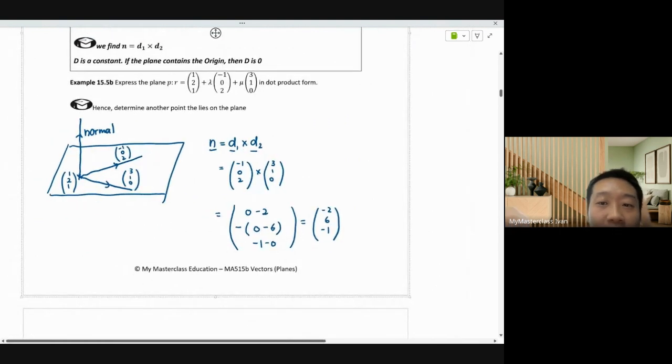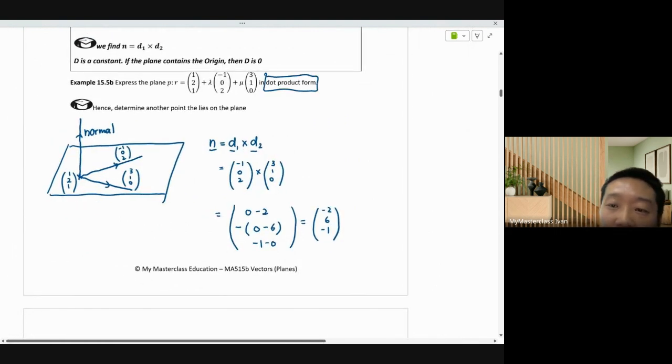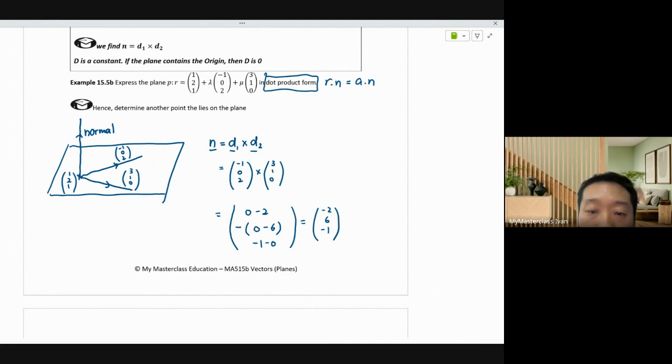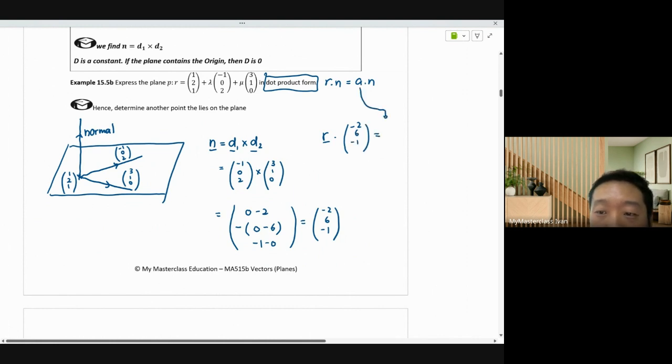Okay, and so this is the normal. So now I want to put it in dot product form. I boxed up the dot product form. This means R dot N equals to A dot N. Okay, so R is always R. R dot normal, negative 2, 6, minus 1 equals to A. A is a point. So what is a point that lies on the plane? Can you use 3, 1, 0? Cannot. 3, 1, 0 is a direction. Can you use negative 1, 0, 2? Cannot. That is also a direction. Can you use 1, 2, 1?